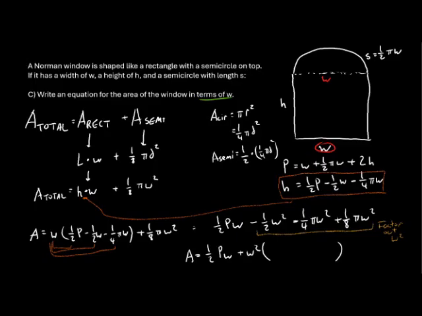We'll pop the w squared out of each term that contains w squared. So first we'll have negative 1/2 minus 1/4 pi plus 1/8 pi. This will be our formula for the area of the shape simply in terms of w and perimeter.